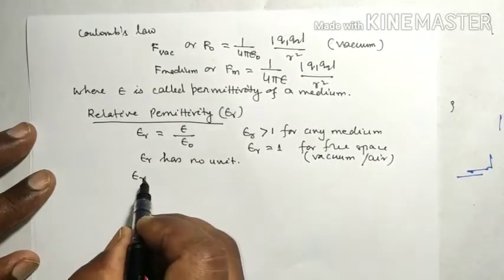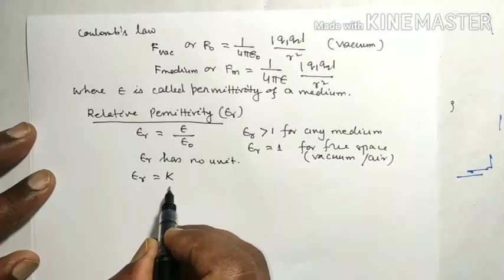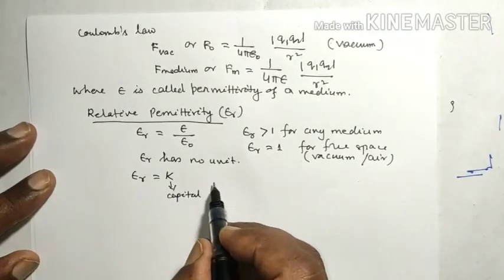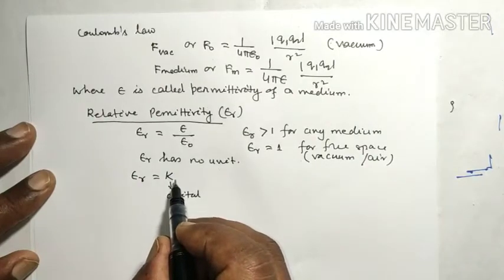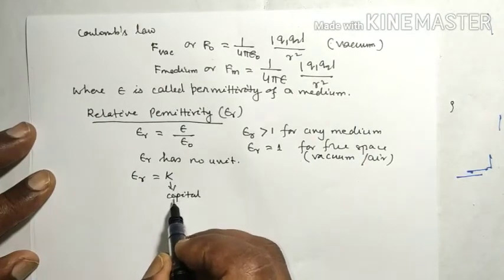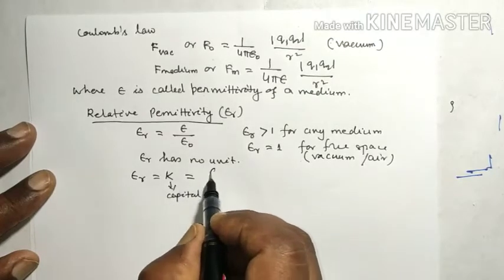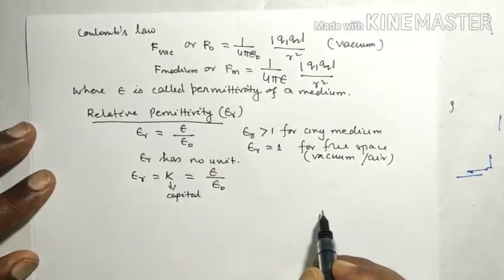Epsilon r is also written as K, capital letter K. In standard books it is written as kappa, but here we use capital letter K. So this is equal to epsilon by epsilon 0.